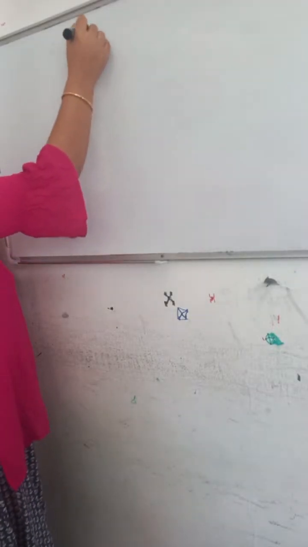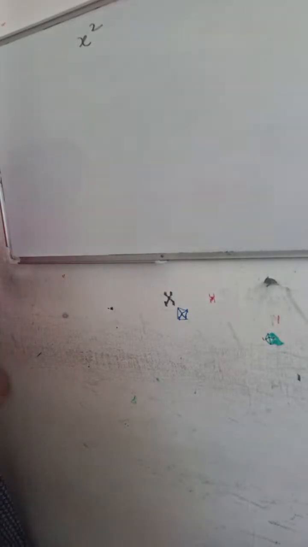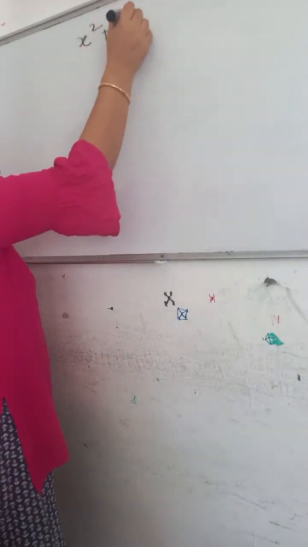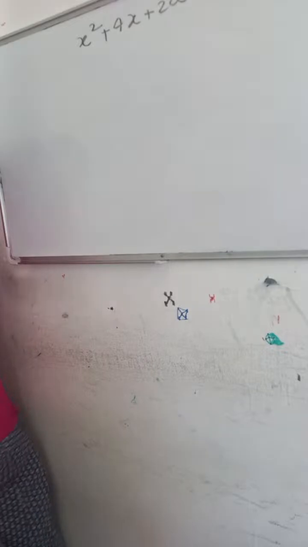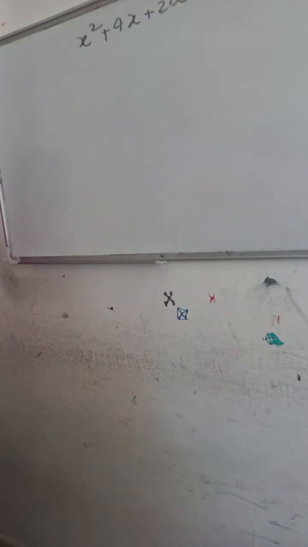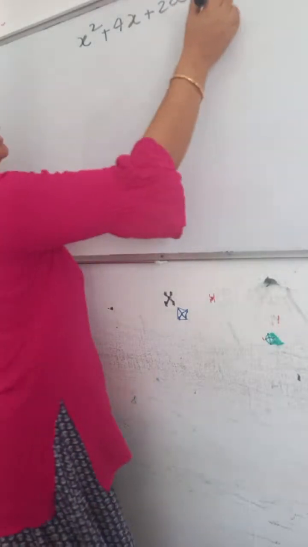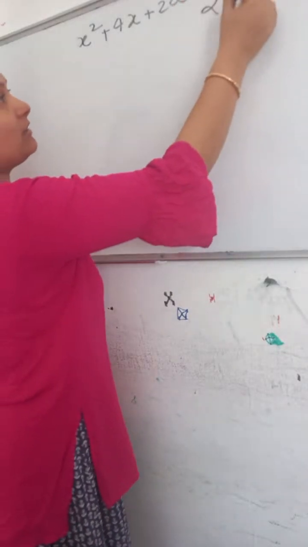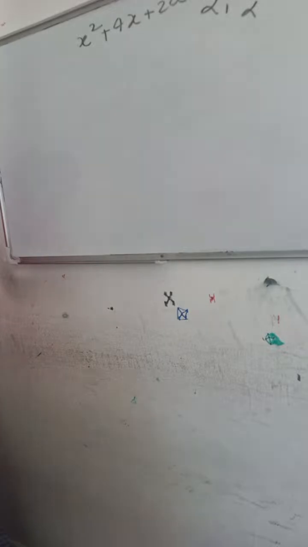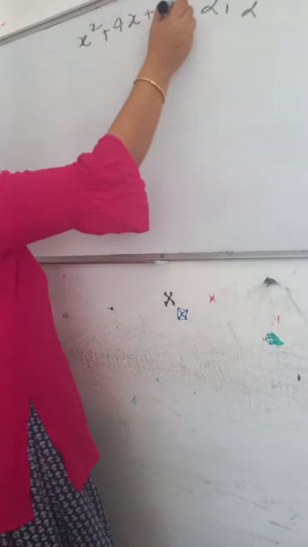Here given equation is x square plus 4x plus 2a and the zeros are alpha and 2 by alpha. Find the value for a. Okay, here one zero is alpha and another is 2 by alpha. Correct? Yeah, 2 by alpha. Then they are asking the value for a.